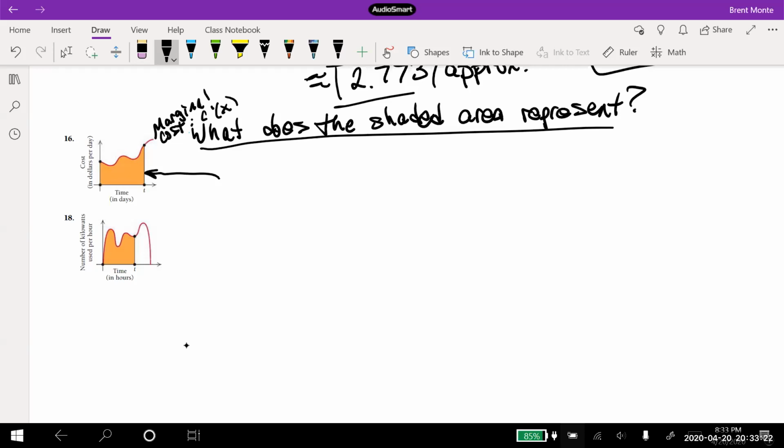It's the total cost. In this case, the total cost for T days. So the curve was marginal cost, but the area below it is the total change in cost, which is total cost for T days. What are these? Small case.